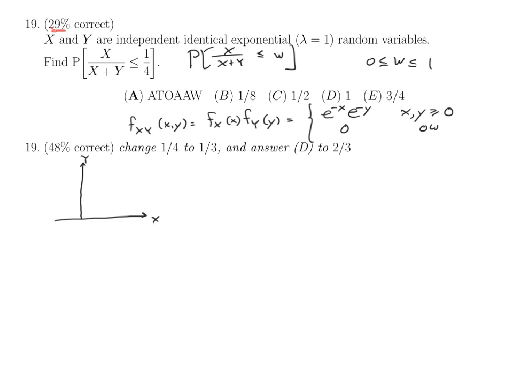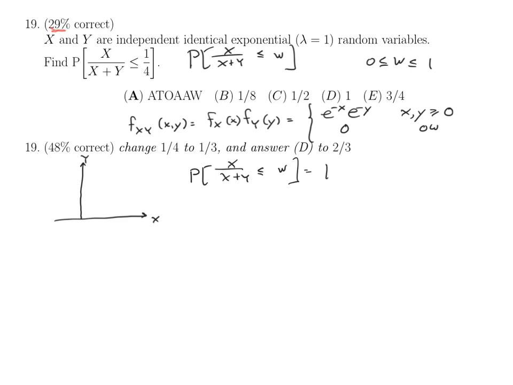Okay, and so now when we set up the problem, we have to ask, what's the probability that X over X plus Y is less than or equal to w?